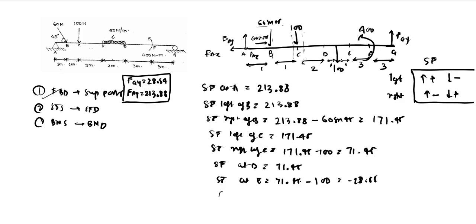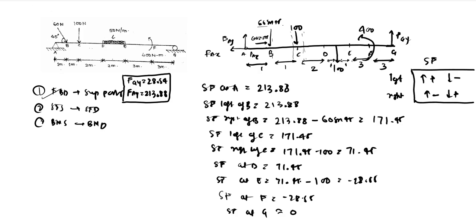And shear force at F should be the same, minus 28.55. Now shear force at G will be approximately equal to 0, because there is minus 28.55 from the left, and there is a reaction of 28.54 at that particular point. So it comes out to be 0 approximately.